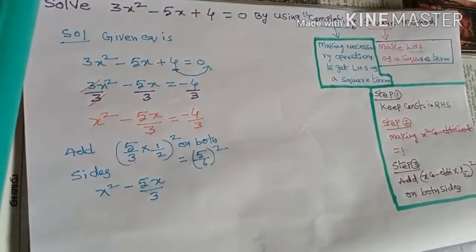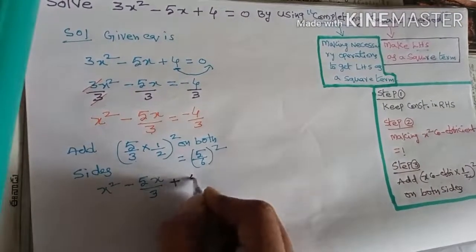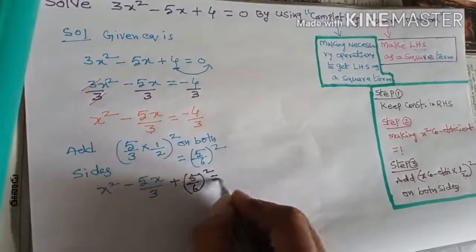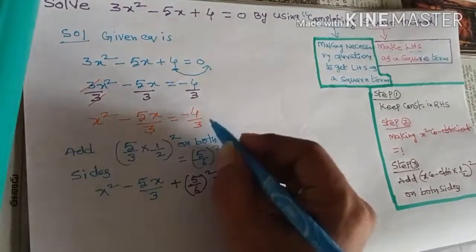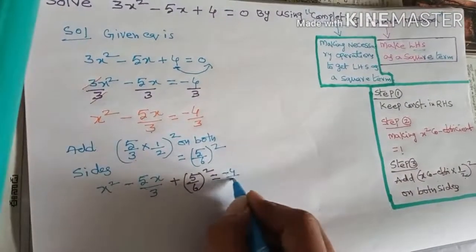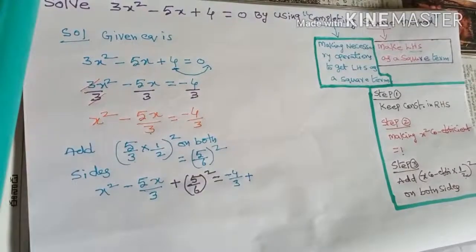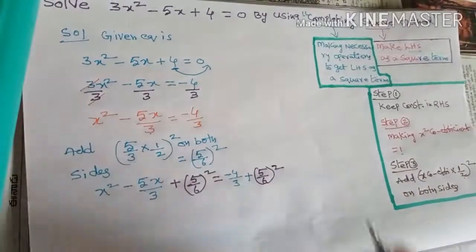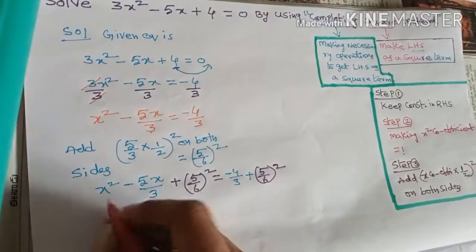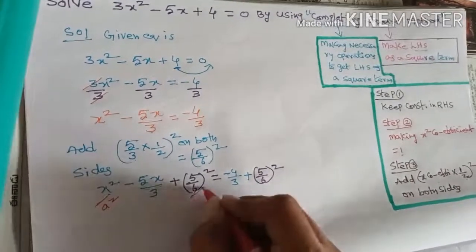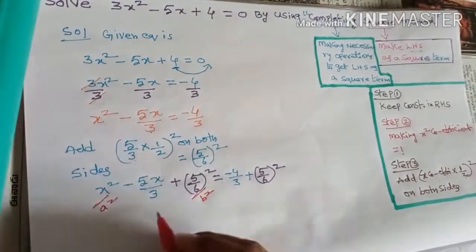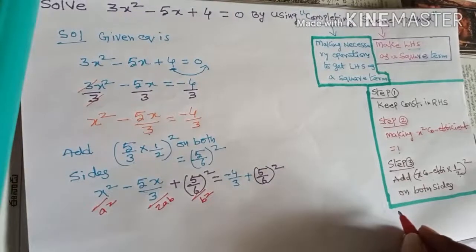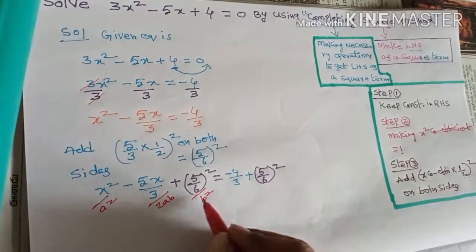Therefore, write with another color: plus 5 by 6 whole square, is equal to, here the RHS is minus 4 by 3, plus 5 by 6 whole square. Okay, then take this as a square, and this as b square, so the middle term should be 2ab. Here a is x, b is 5 by 6.